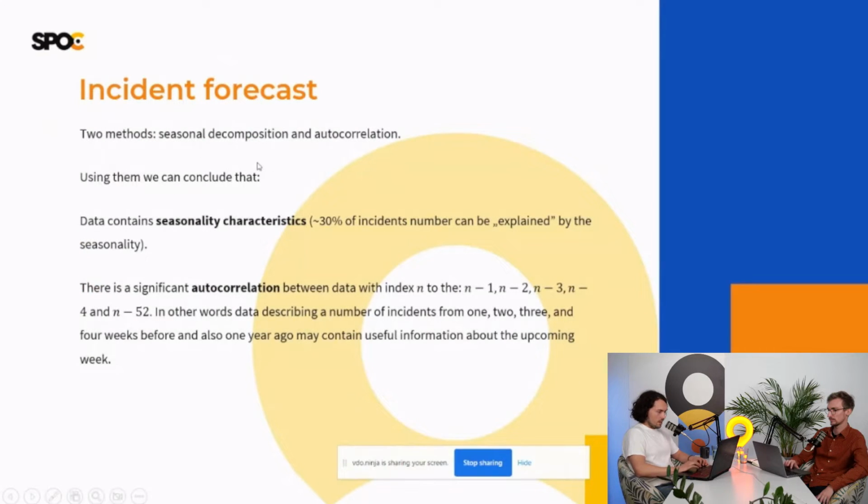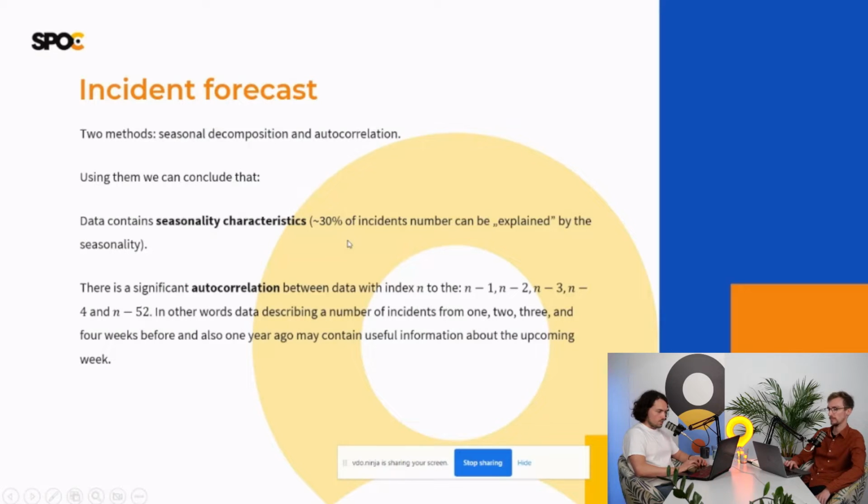So first and foremost, there is a seasonality characteristic indeed inside of our data. I will show you on the next screen how to split the data into two parts, the seasonality one and the remaining parts. But what is important is that indeed there is a strong seasonality inside of our data. As we can imagine, the seasonality is across the 1 year time period.